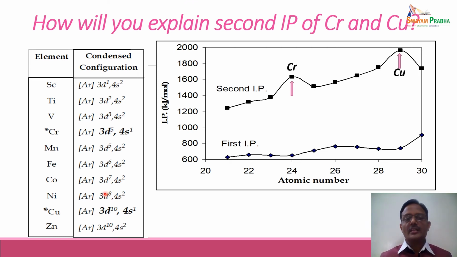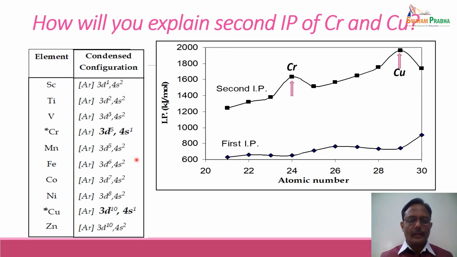If we consider the second ionization enthalpy, the first electron definitely goes from 4s, and the second electron in all the elements except chromium and copper is also taken out from the 4s subshell. But in chromium and copper, the second electron is to be taken out from the 3d subshell, which is a third shell, and it is always difficult to remove an electron from an inner shell as compared to an outer shell.